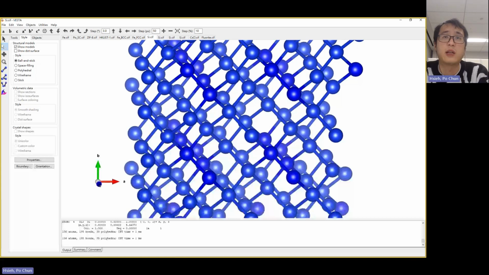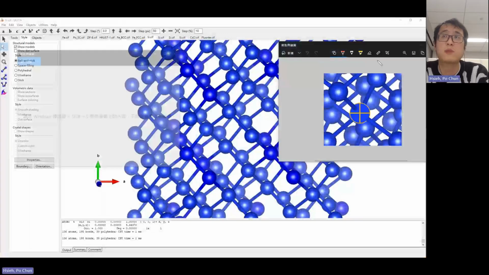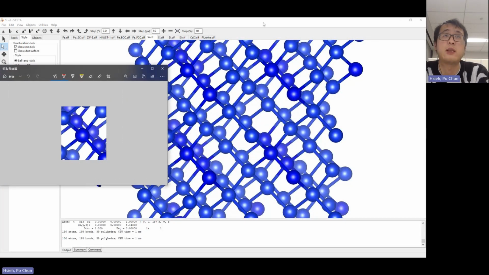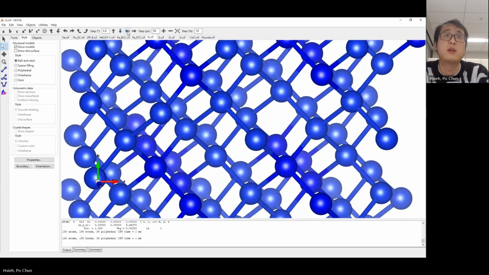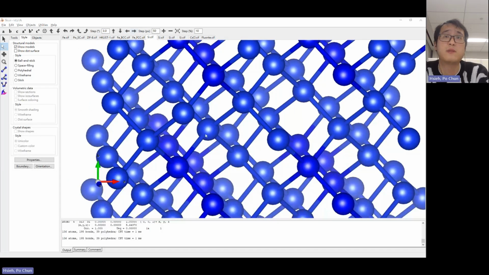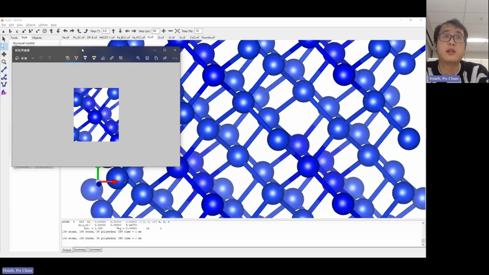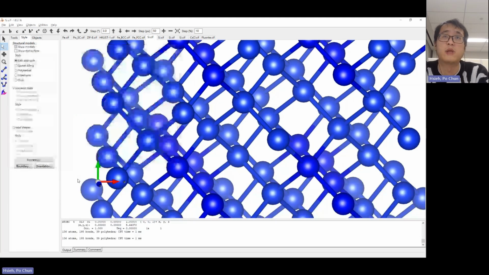If we look at this atom and compare it to this atom, you can easily tell the difference. The bonding angles are different, right? So, because we can easily tell the difference between them, they are not equivalent points.